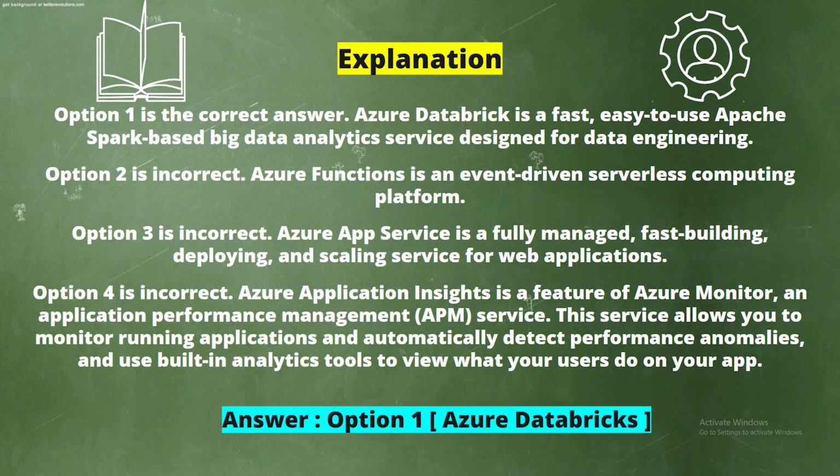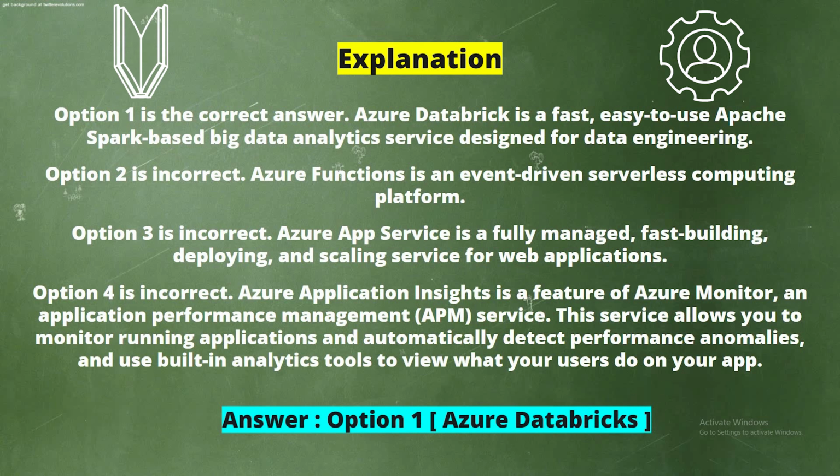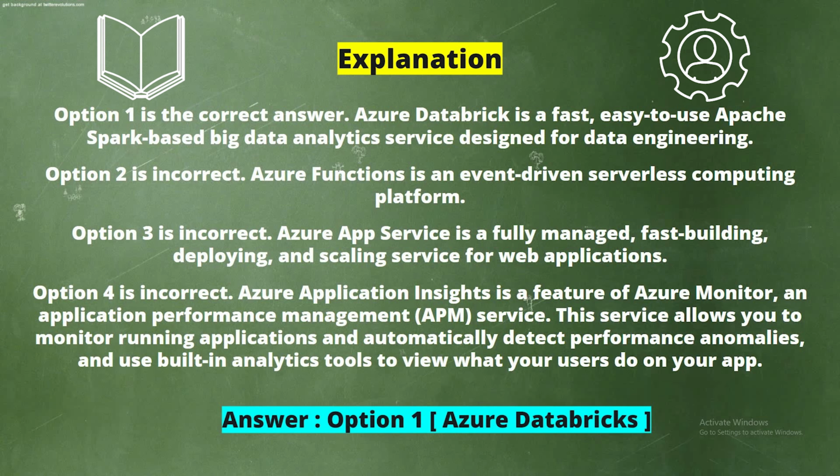Option 4 is incorrect. Azure Application Insights is a feature of Azure Monitor, an application performance management service. This service allows you to monitor running applications and automatically detect performance anomalies, and use built-in analytics tools to view what your users do on your app.